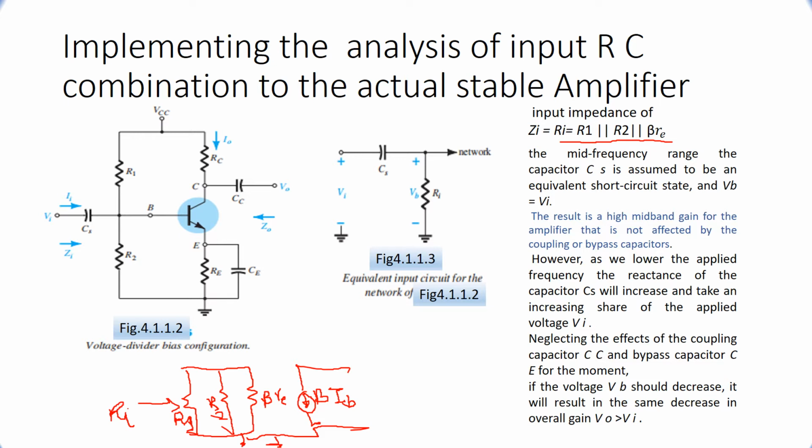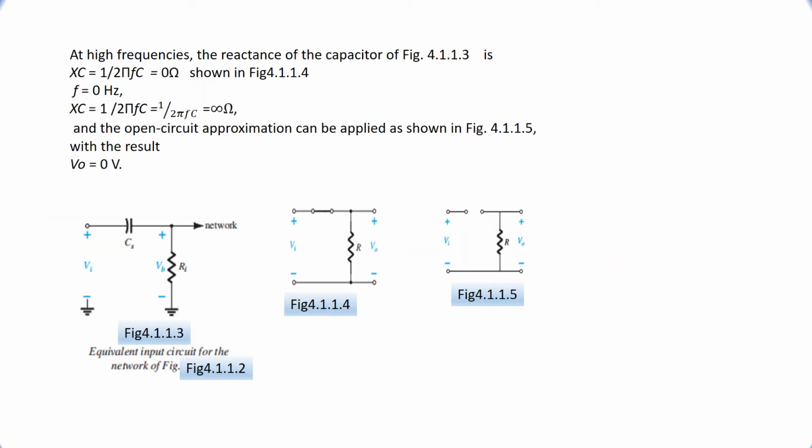However, when we lower the applied frequency, the reactance of CS will increase and take an increasing share of the applied voltage signal Vi, neglecting the effect of the coupling capacitor and bypass capacitor CE. If the voltage VB should decrease, it will result in the same decrease in the overall gain, for V0 greater than Vi.